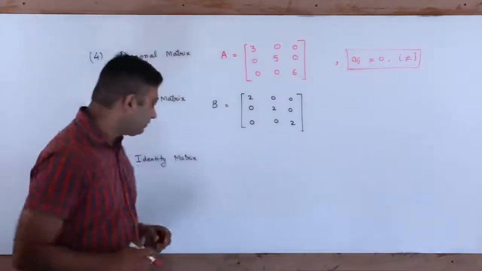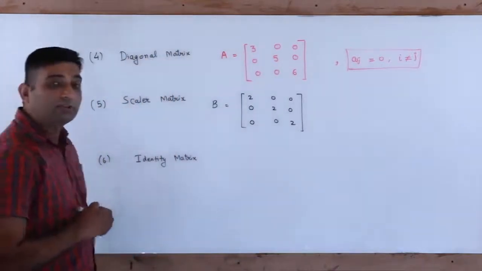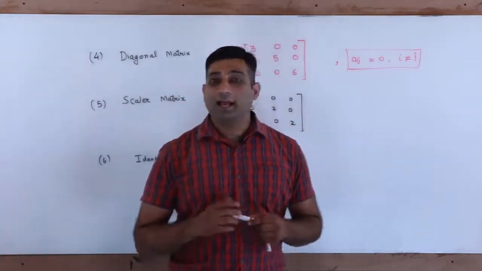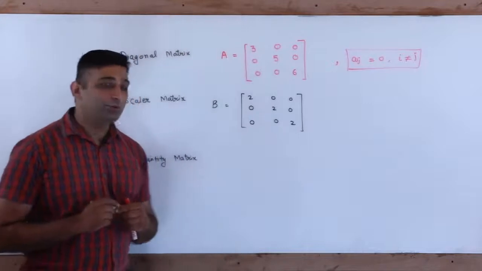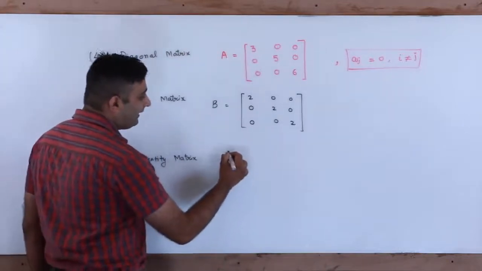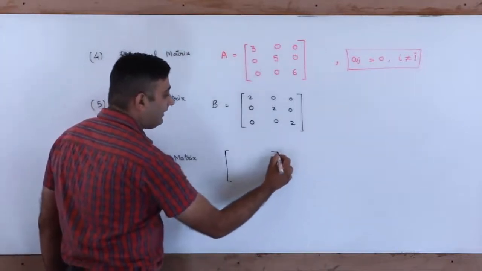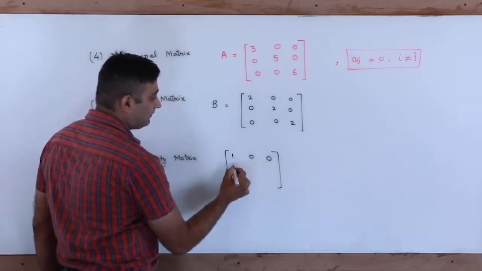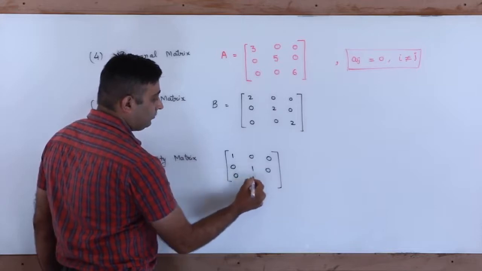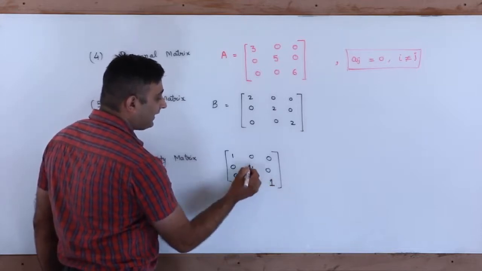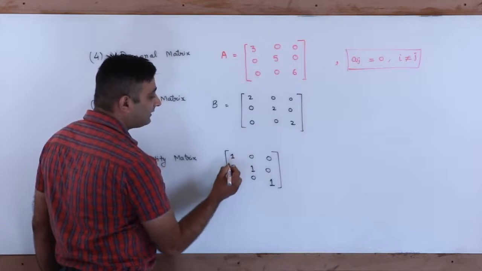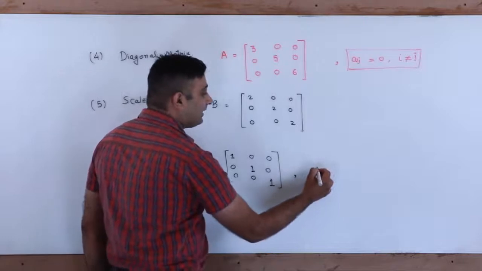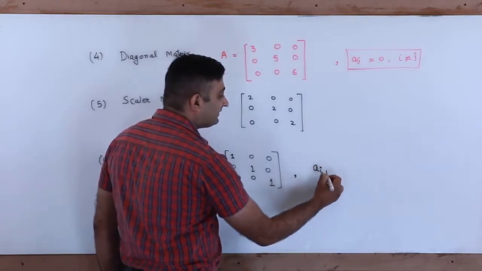Now, let us discuss about the identity matrix. A square matrix having all its diagonal elements as 1 and rest of the elements equal to 0, that is called an identity matrix. Let us understand through an example. You can see that all the elements except the diagonal elements are 0, and we can represent through a general element, that is Aij.